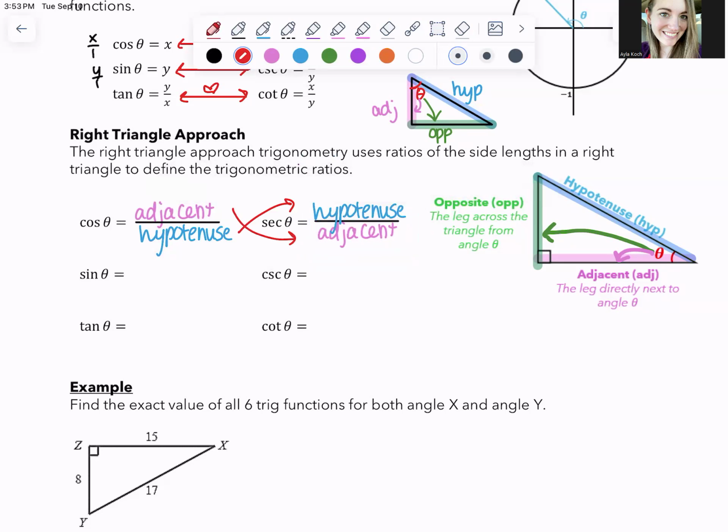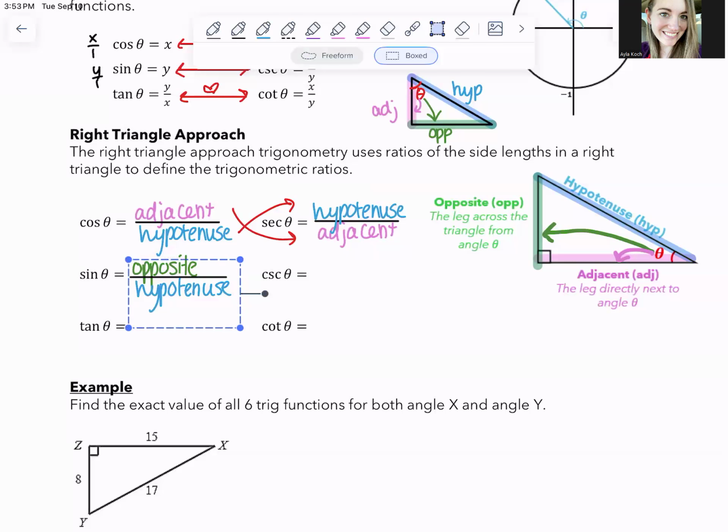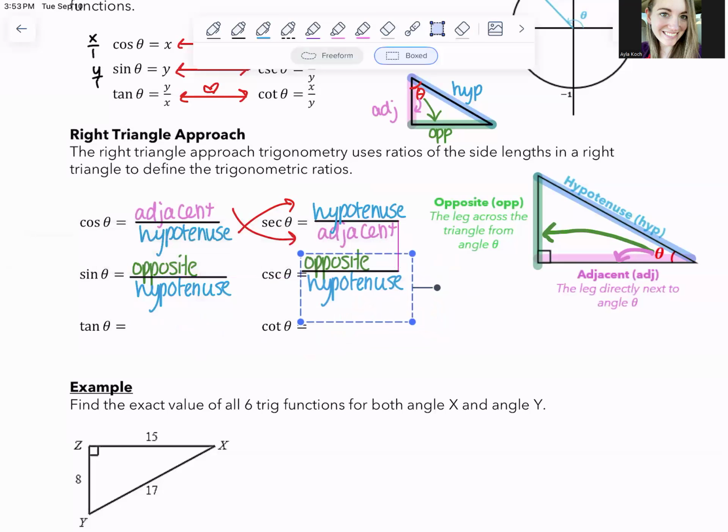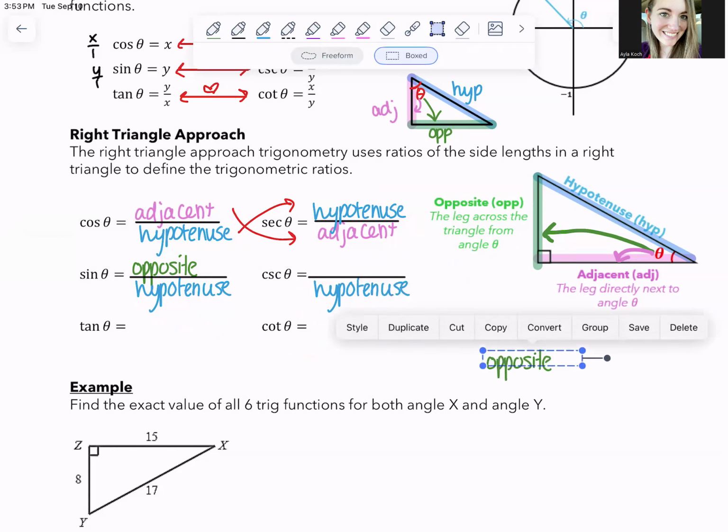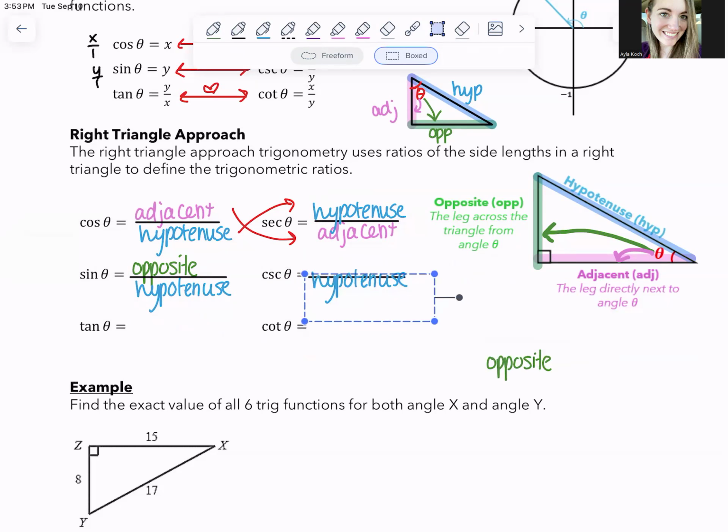Sine is defined as the opposite side divided by the hypotenuse. And thusly cosecant, the soulmate of sine, is hypotenuse over opposite.